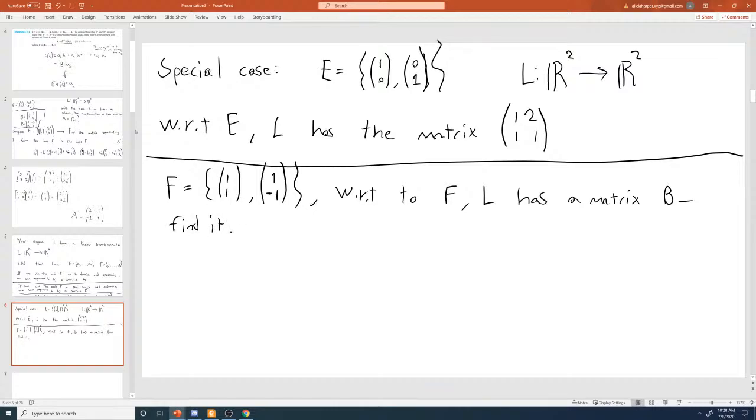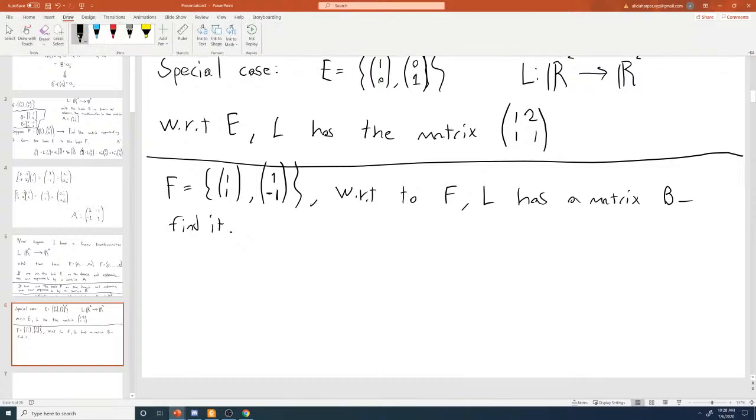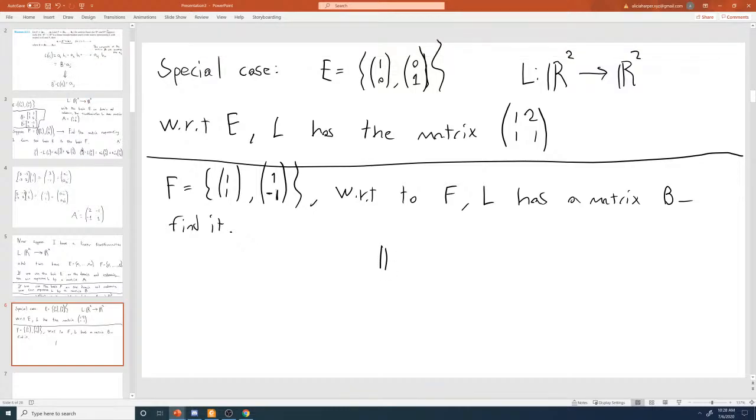So, this is our problem. Let's think about how we can do this. Suppose we think of our linear transformation from R2 to R2 in terms of the following diagram. Here, I'm thinking of R2 with the standard basis, so I'm going to denote it by a subscript.